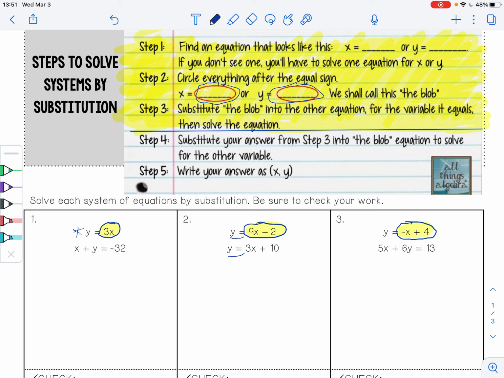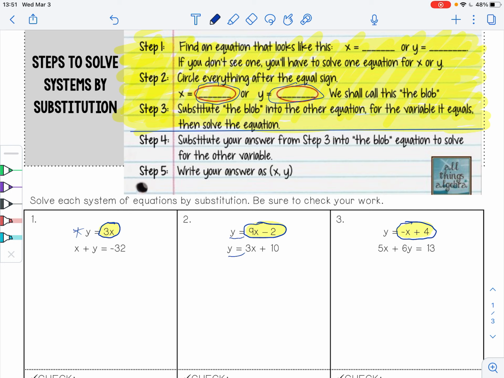Like if you go to the store with a large and you need a medium, you give them the large and they give you the medium. That's pretty much what we're going to do here. We're going to exchange a letter in one equation with the stuff that we circled in the other.